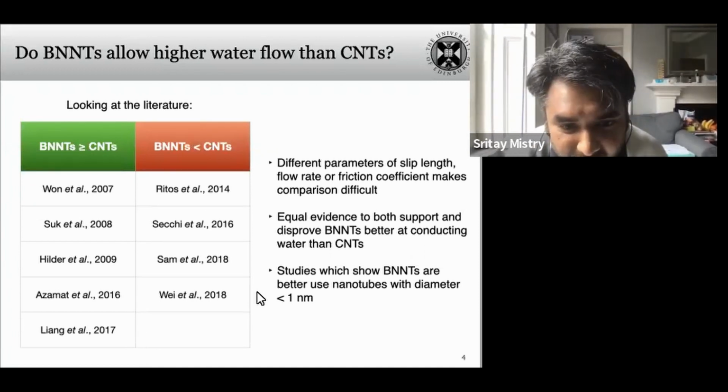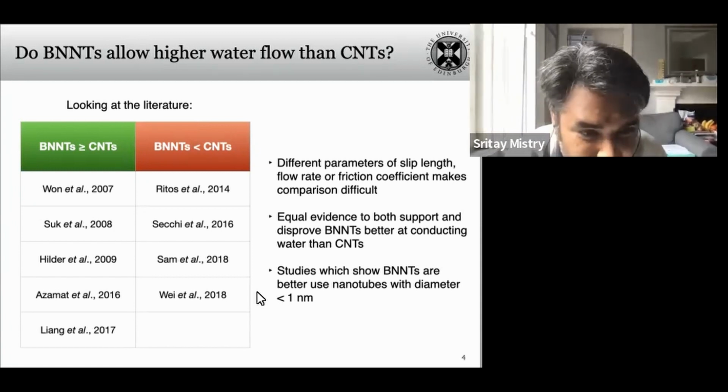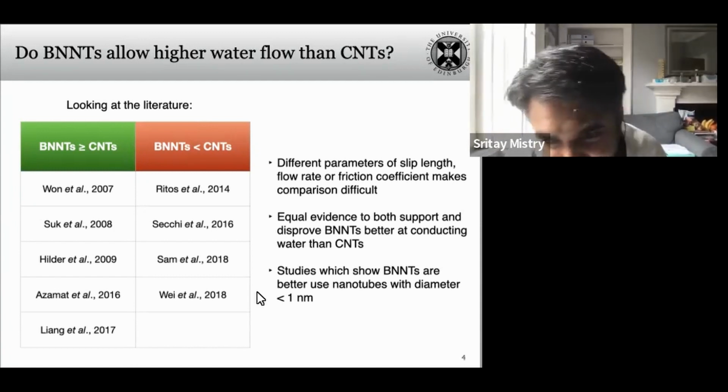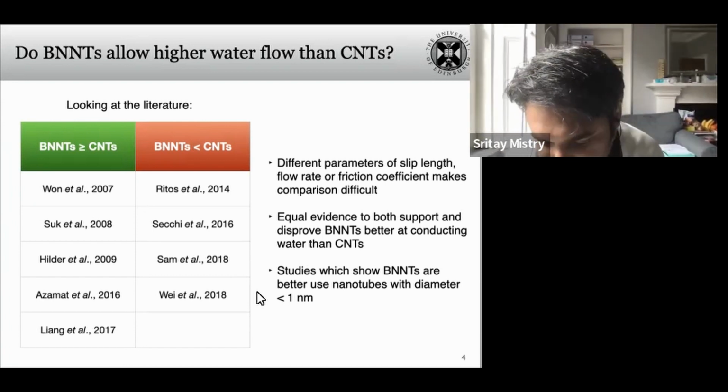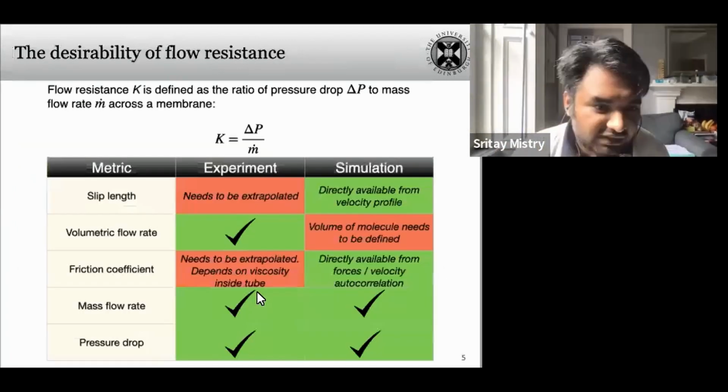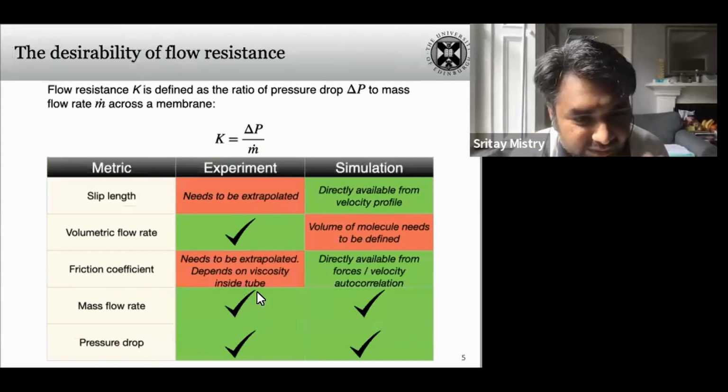So before we can go into comparing BNNTs with CNTs, we need to come up with a metric to compare. And across literature, there are many different kinds of metrics. There's slip length, there's volumetric flow rate, there's friction coefficient, there's mass flow rate, there's mass flow rate and pressure drop.